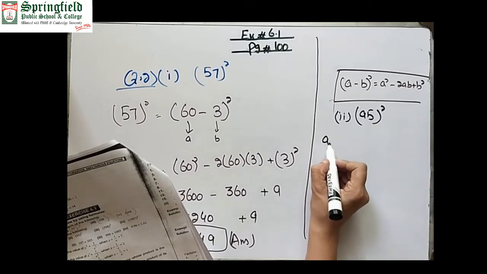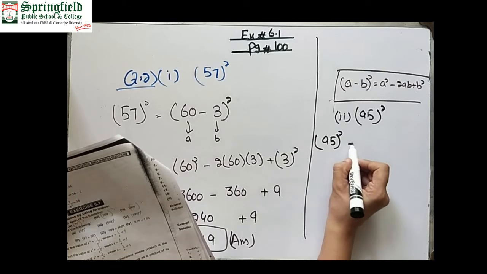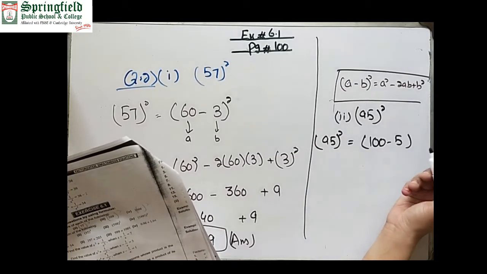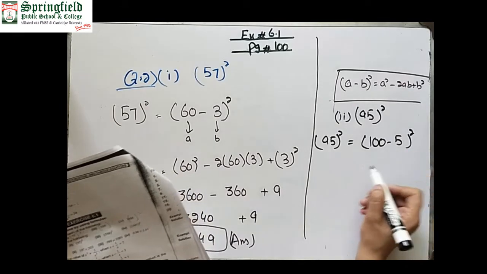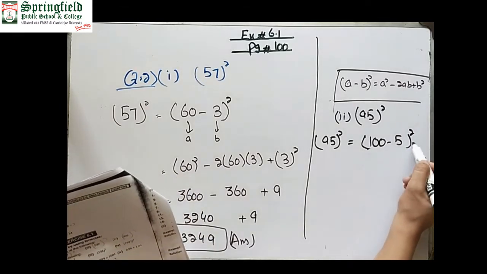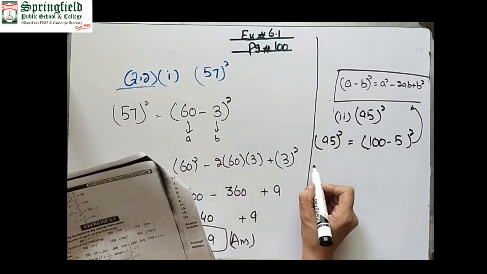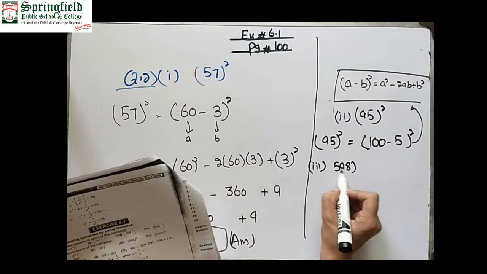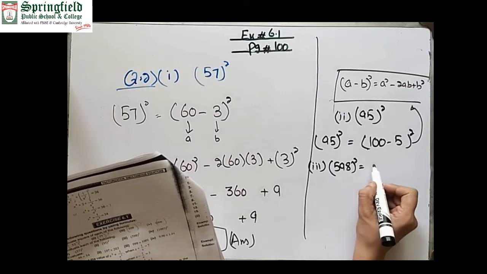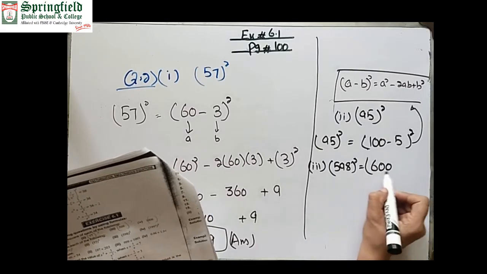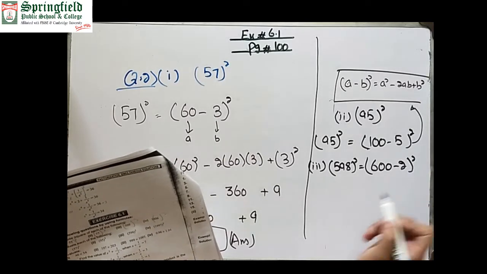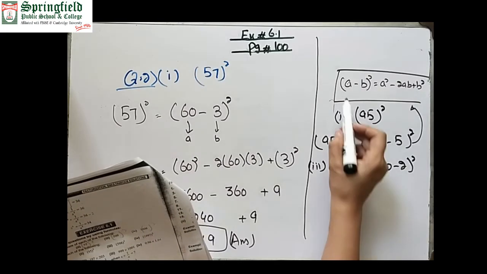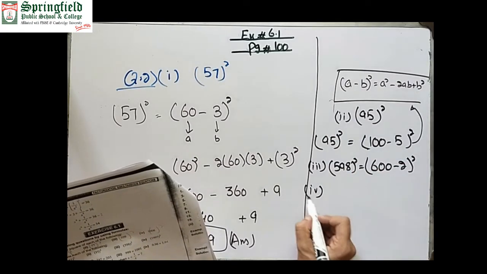So 95 whole square can be written as 100 minus 5, which is equal to 95, and then open this according to this formula. Fine. And part 3, 598 whole square. 598 can be written as 600 minus 2 whole square. Again open this according to this formula.